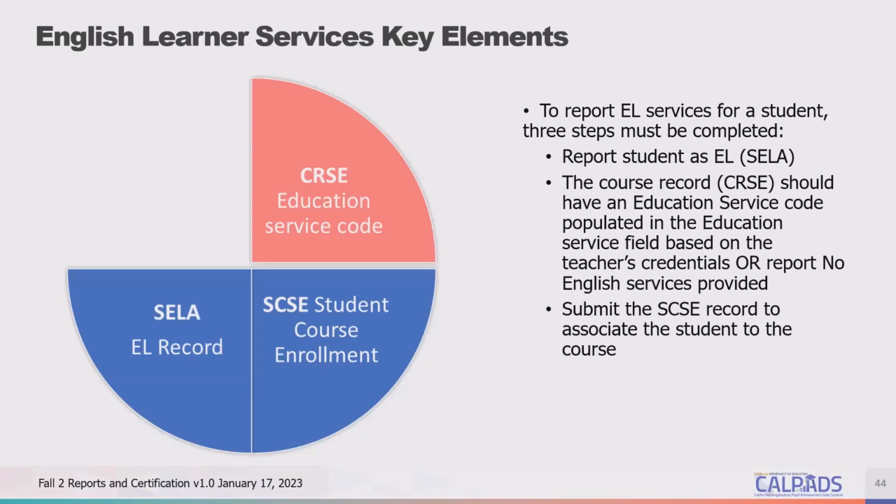So those course records that are associated to your teachers by the use of their SEID have to exist. And in those course records, the education service code has to be populated. We'll talk more about this later, but that is the field. If you're trying to identify why a teacher is not providing service or what service they're providing, you have to look at their course records and then the education service code, if it's populated and what it's populated with.